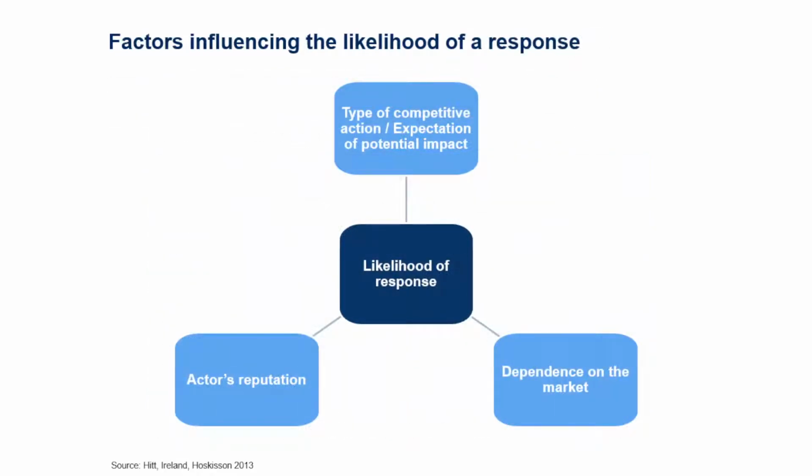Now, briefly talking about response, there are also three factors that influence the likelihood of a response. The first one is the type of action and the expectation of the potential impact.